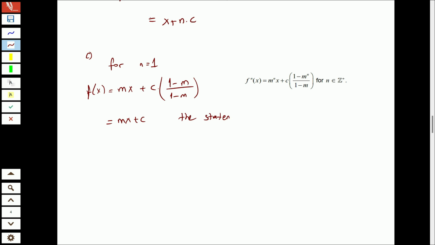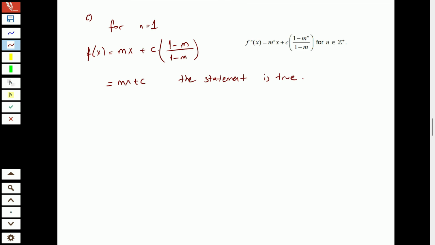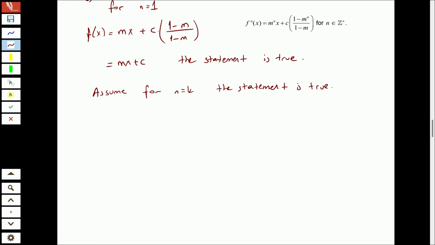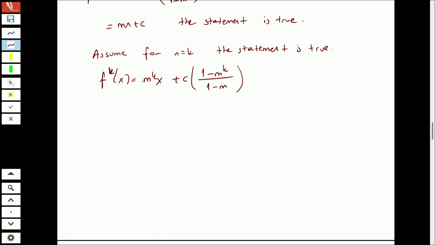So this statement is true. Assume for n = k the statement is true, meaning the k-th composition of f gives us this statement, and our goal is to show that for n = k + 1 the statement is true.